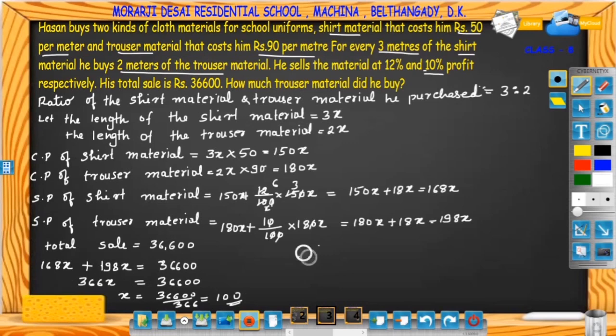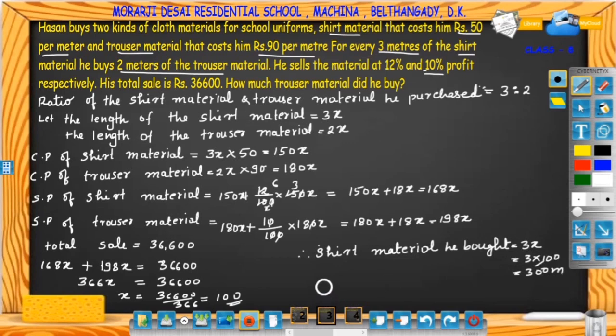Therefore, how much shirt material he purchased? Shirt material he bought is equal to, we have taken as 3x, so 3 into 100 is equal to 300 meter.